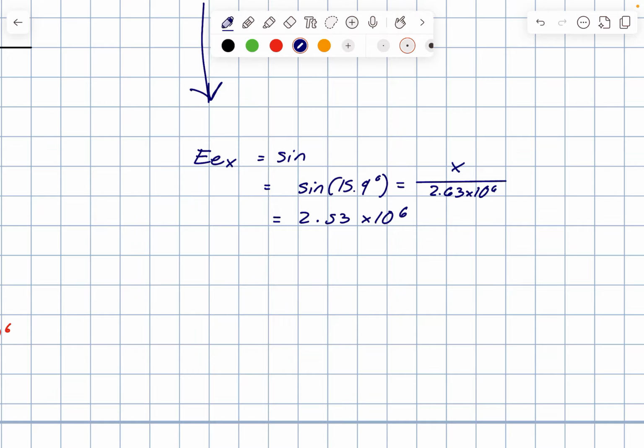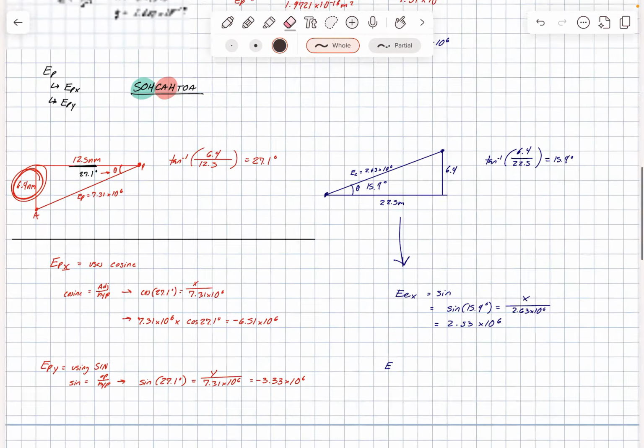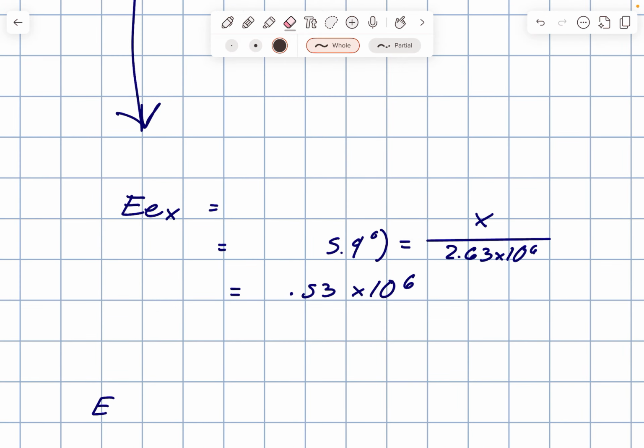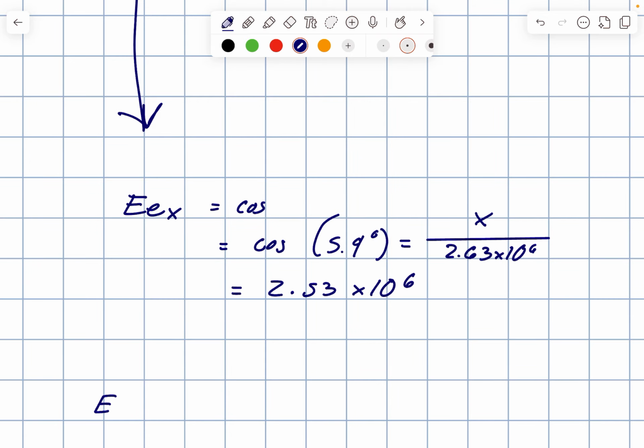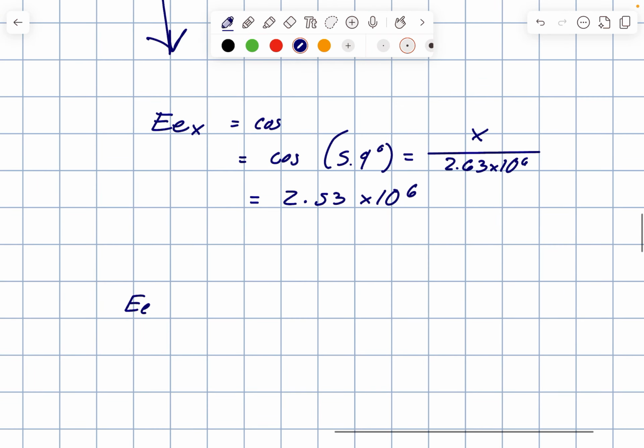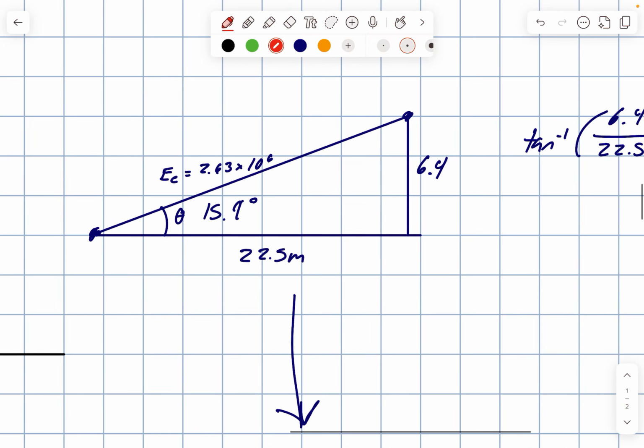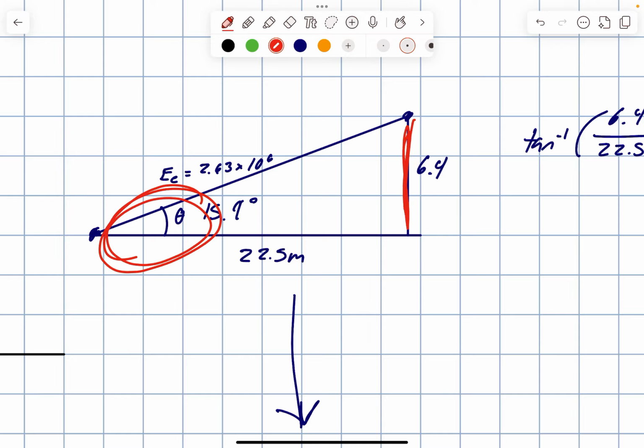Now same thing for y. Oh my gosh, sorry guys, I meant to say we're using cosine for x. So now for our y component, that's when we use sine. Again, that's because we're looking at our y component, which is on this side, and that is opposite to our angle measurement.